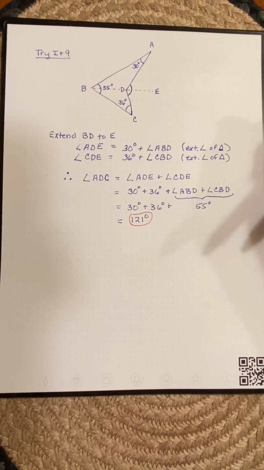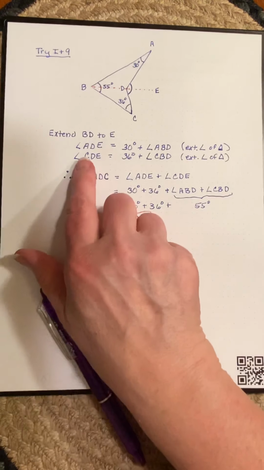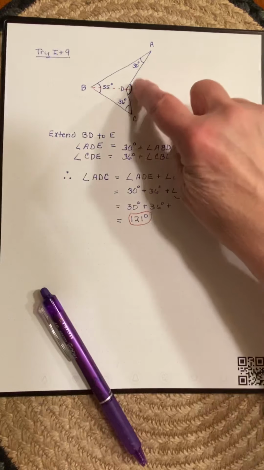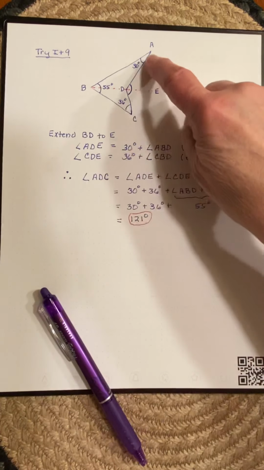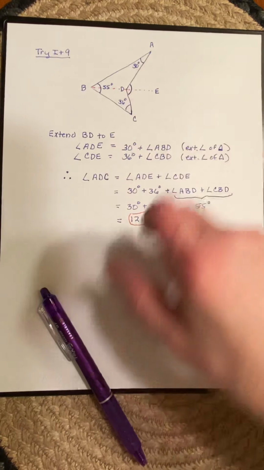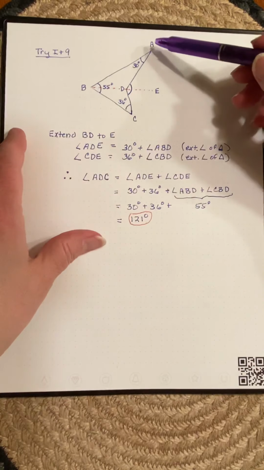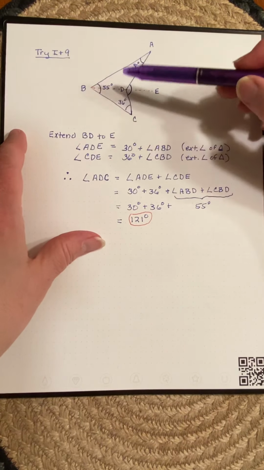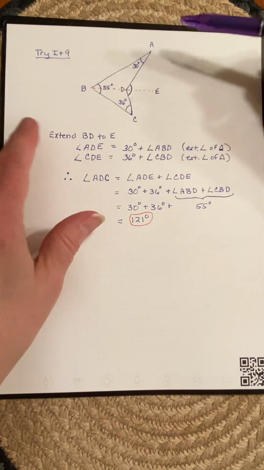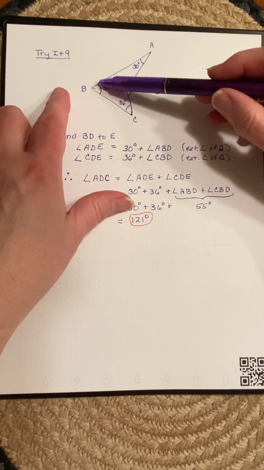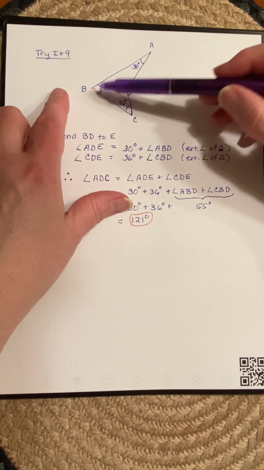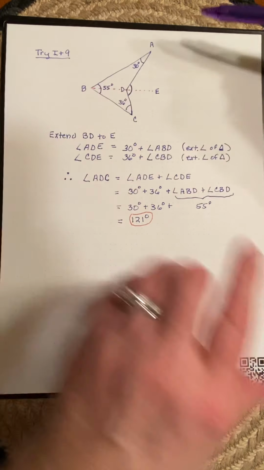All right. So the first thing we note is that angle ADE is equal to 30 degrees plus angle ABD. And we have to do it that way because it's half of this angle, or it's part of that angle anyway.